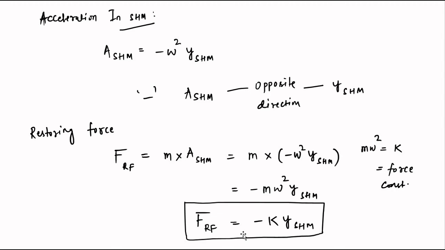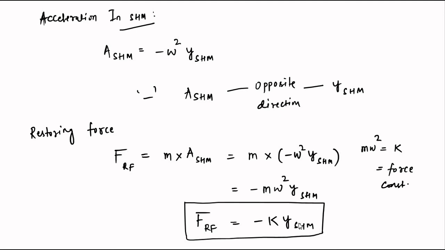So the general principle says that whenever a body is subjected to a restoring force which is proportional to the instantaneous displacement from the mean position y SHM, and is directed opposite to that, in that case the body will always exhibit simple harmonic motion.